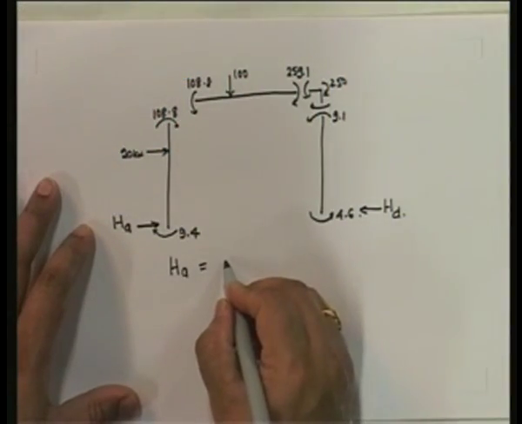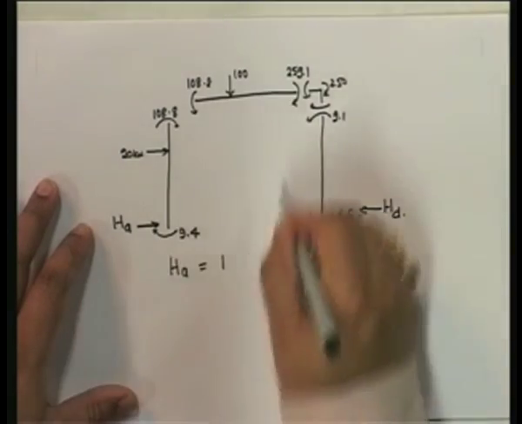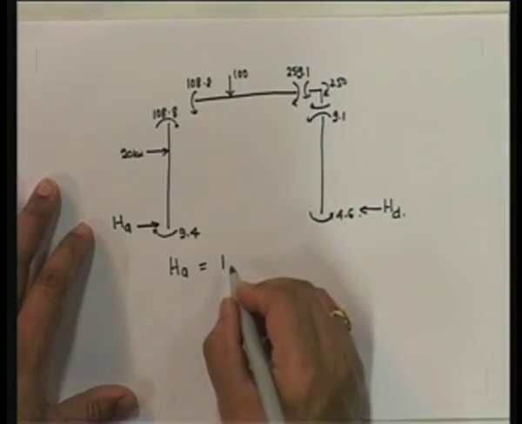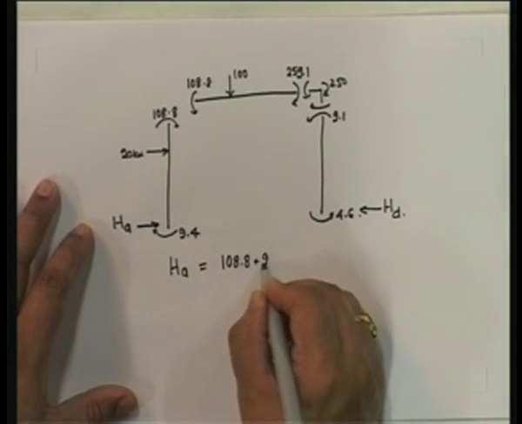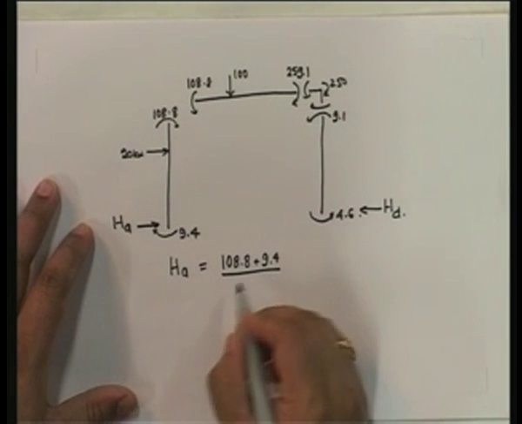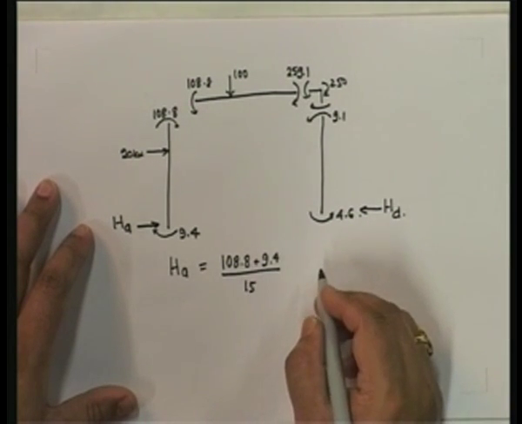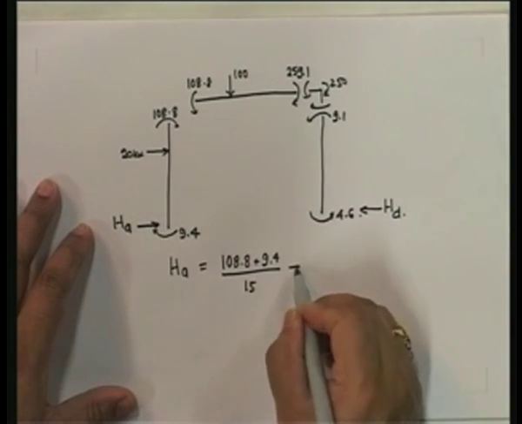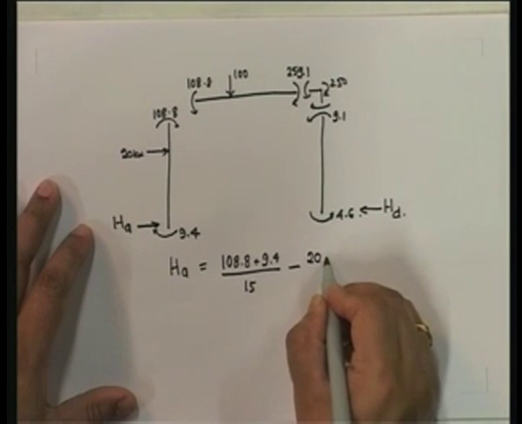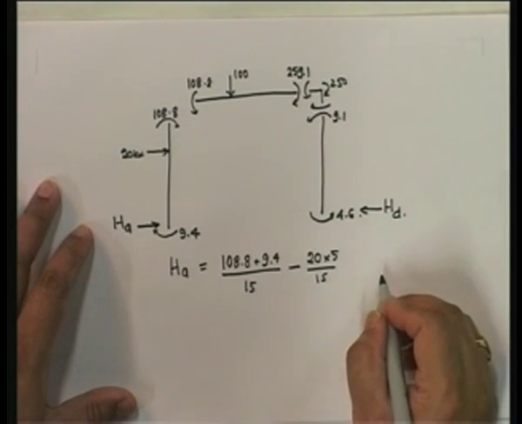One component coming from the moment, that's going to be equal to, that's this way, so it's positive, so it will be 108.8 plus 9.4 divided by 15, okay, and then you have the other load in the other direction, and that is equal to 20 into 5 by 15.